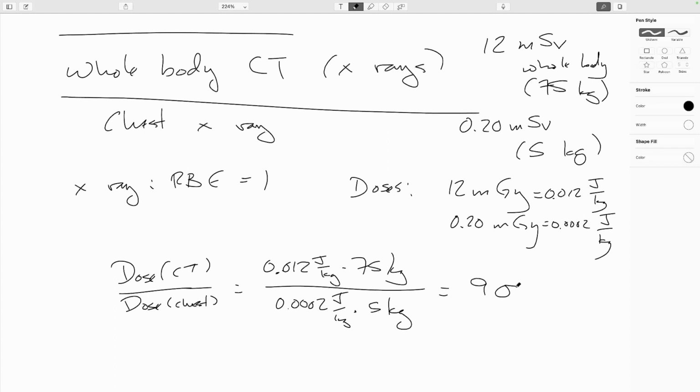This turns out to be a ratio of 900. So giving a patient a whole body CT will give them a total dose that's like the equivalent of putting them through 900 chest X-rays, just across their whole body.